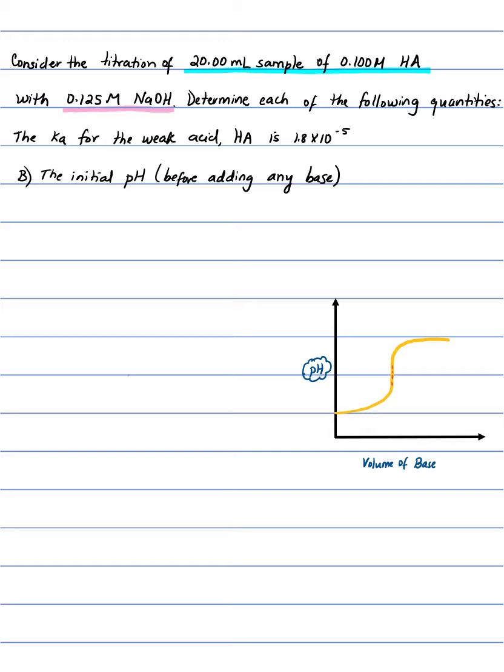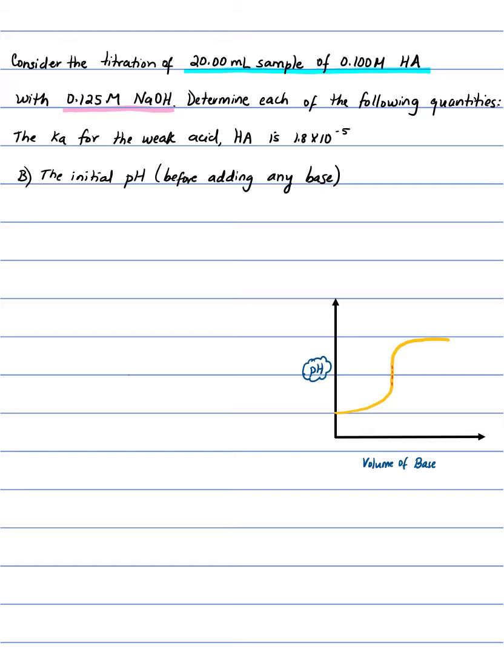Still working on the same problem. I have the problem again here, but this is just letter B of the same problem. We still have the same volume of your sample, the same concentration for the acid, same concentration for the sodium hydroxide.